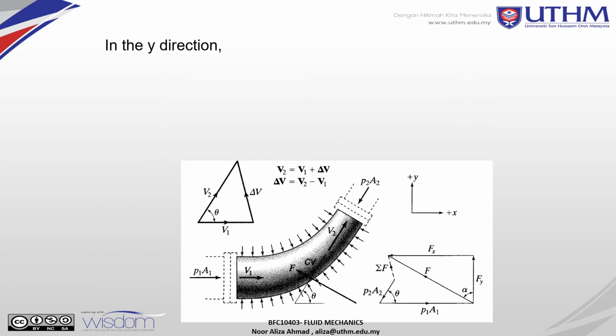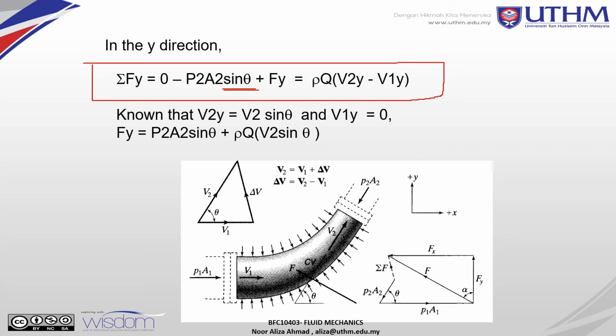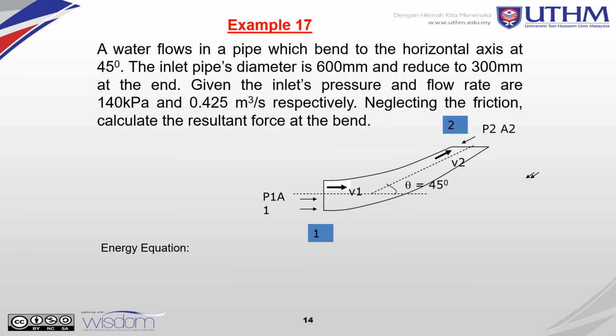For the y direction, you must include the vertical component, so you must use sine. So this is the momentum equation applied for the y direction. Just remember that only conduits and bends have two directions, y and x, in momentum. So look at example 17.